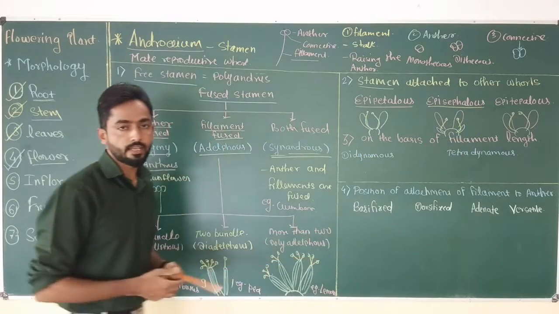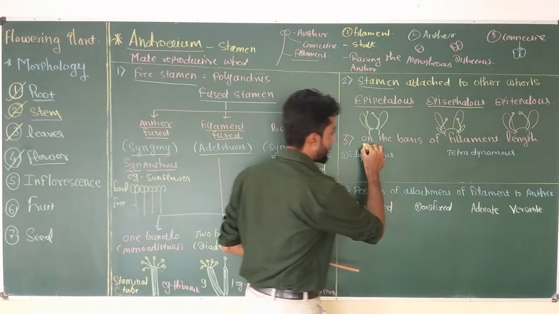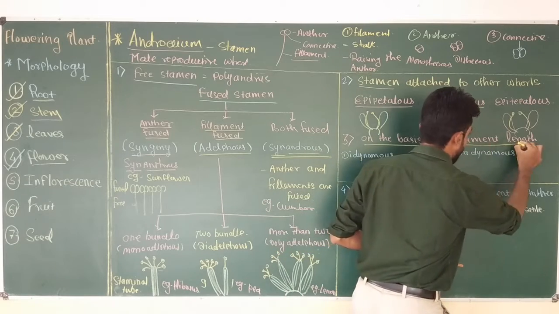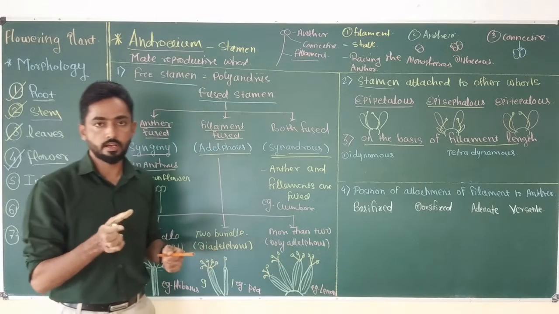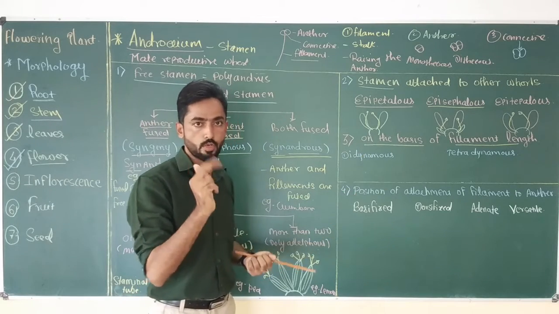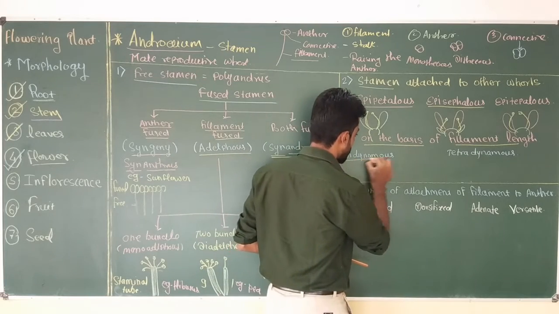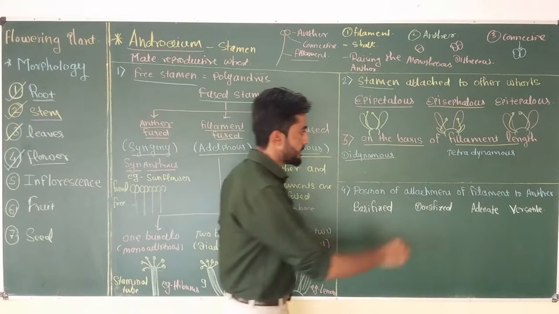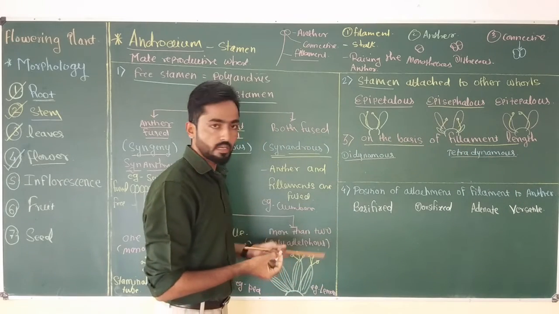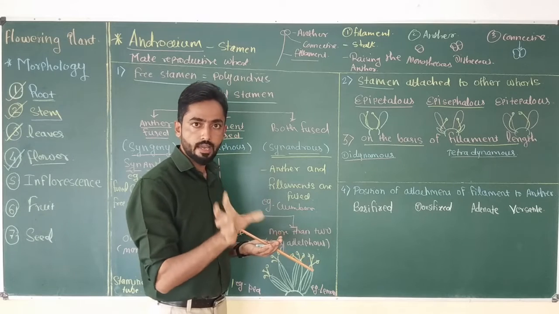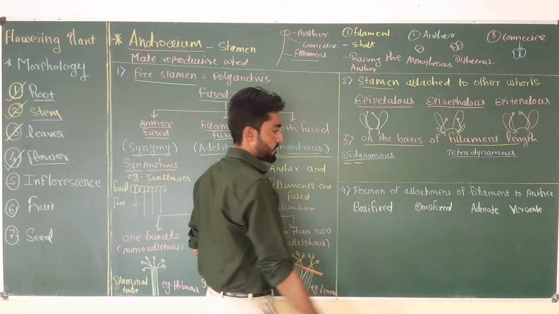Okay, the next criterion for classification of the androecium is on the basis of length of the filament. The filament has different lengths in the flower, and on this basis there are two different types of androecium: didynamous and tetradynamous. In the didynamous type of flower, the name itself suggests di plus di, 2 plus 2.